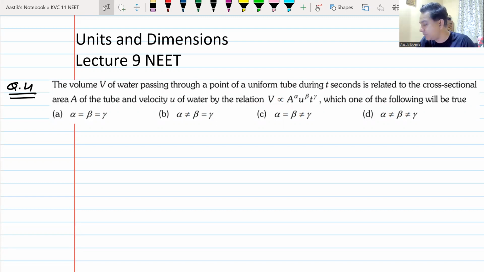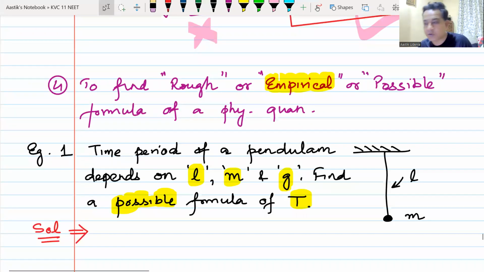In the previous class, we were looking at how we can derive the dimensional formula or a possible formula if we know on what all physical quantities another physical quantity depends on.